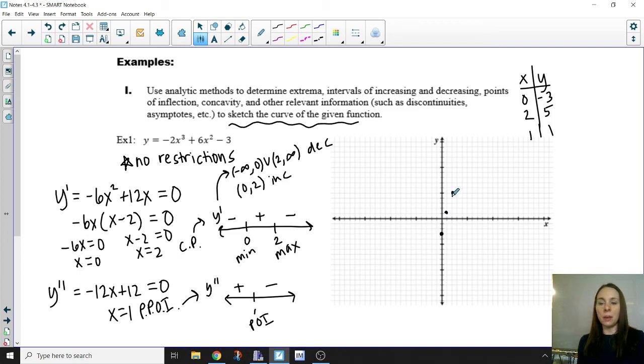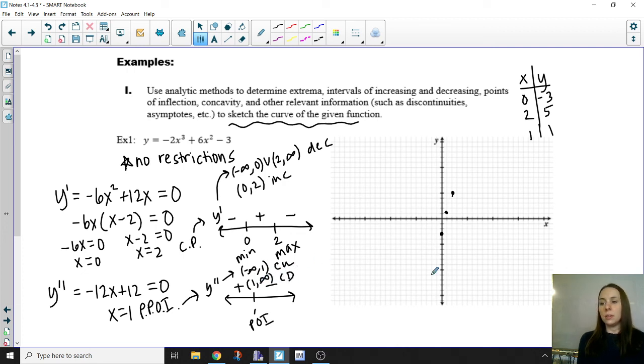So I'll be going up in this section. The second derivative sign chart, which again is called the concavity test, is telling me that my function is concave up from negative infinity to 1. It's concave up. And then from 1 to infinity, the function is concave down.